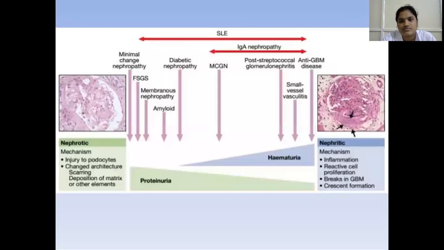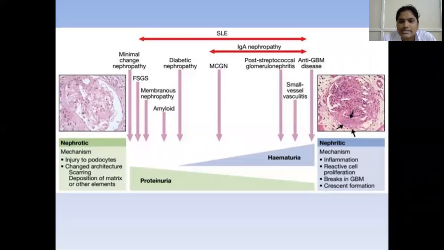So the nephrotic syndrome mechanism is the injury to the podocytes, changed architecture like scarring, deposition of the matrix or other elements. Whereas in nephritic, the mechanism is the inflammation, reactive cell proliferation, breakdown in the glomerular basement membrane, and crescent formation.